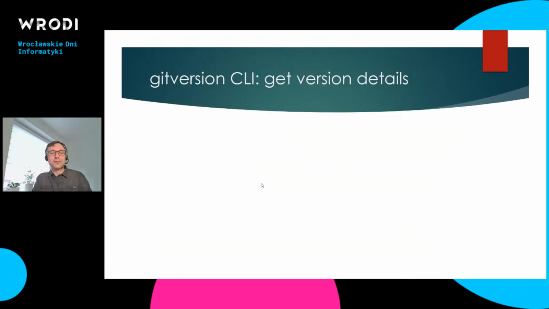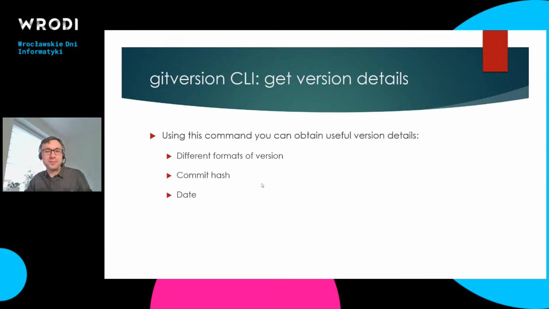Okay, so maybe now one of the most important questions: how do I get the calculated version? It is as simple as typing git version in the root folder of your repository, and it will return you a JSON object that contains all the different helpful information you might need in your use case.